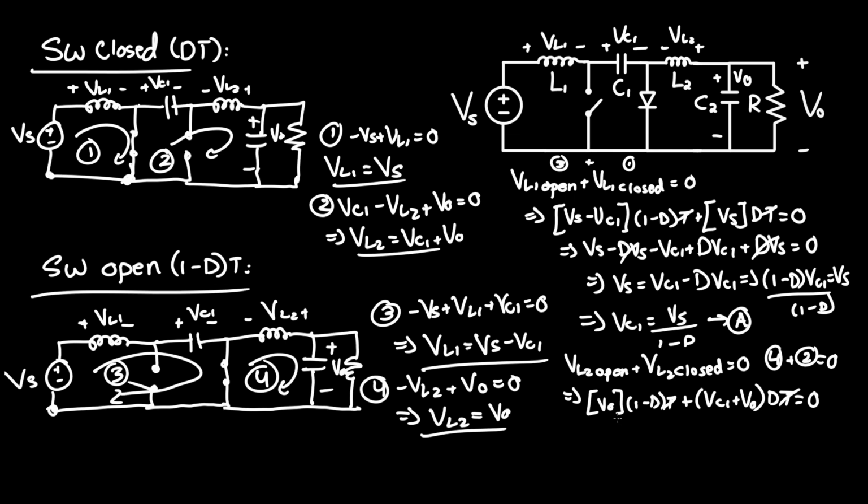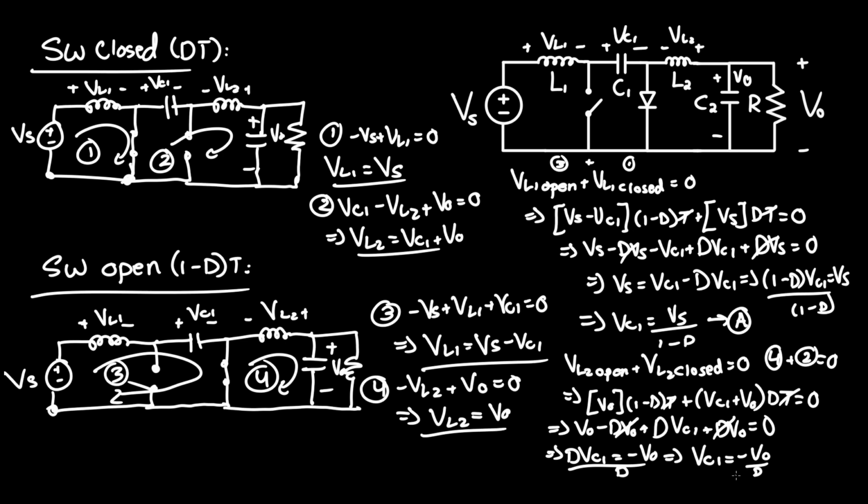Again, we divide by t, and distributing, VO minus dVO plus dVc1 plus dVO equals 0. dVO's cancel. So again, we're going to isolate Vc1, set that against negative VO, divide both sides by d, and we get Vc1 equals negative VO over d. We'll call this equation B.